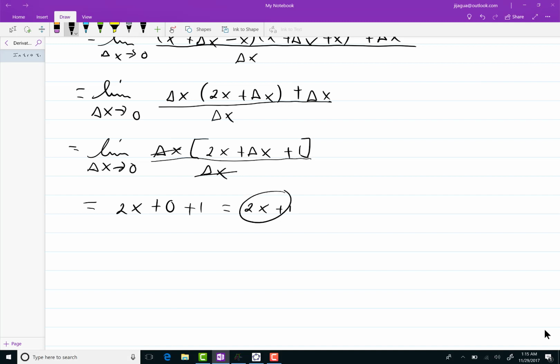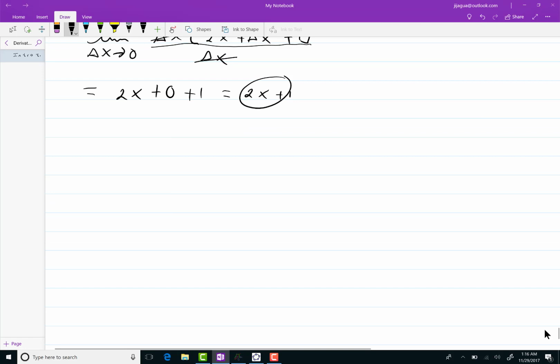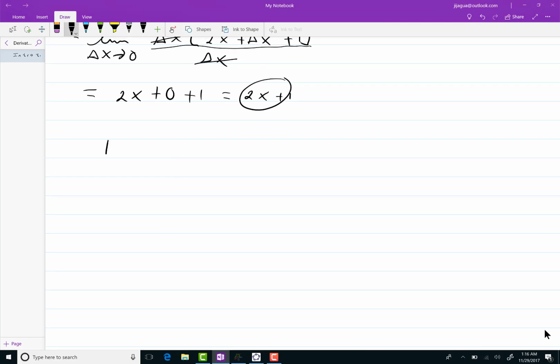So, we have all sorts of interesting notations. We can write things like this: d of x squared plus x plus 1. This is like dy over dx can equal 2x plus 1. So that's another notation that we use.